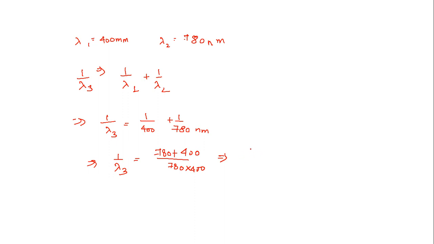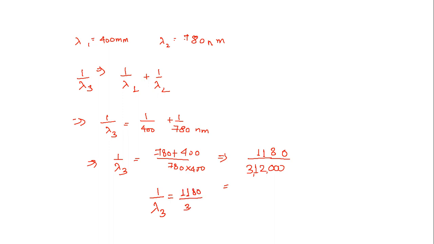So 780 into 400 is equal to 312,000, and 780 plus 400 will be 1180.